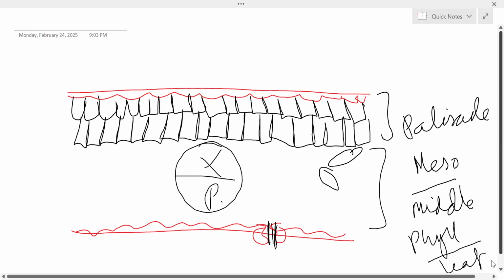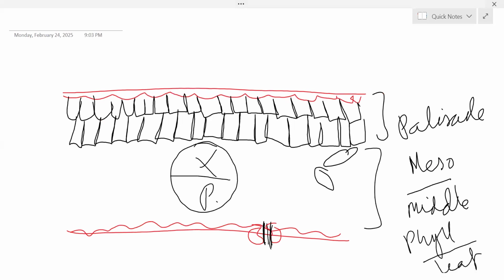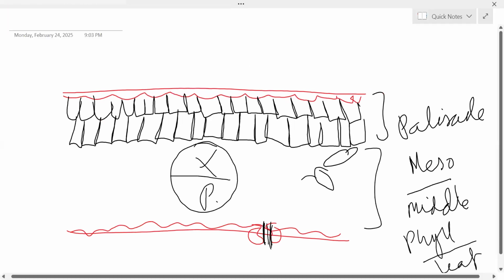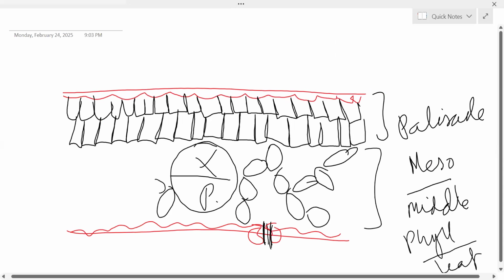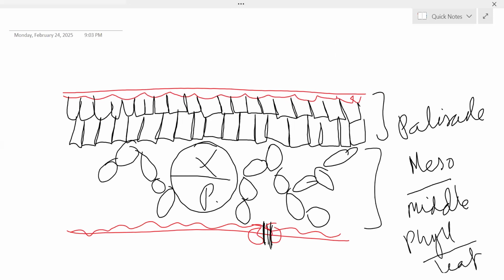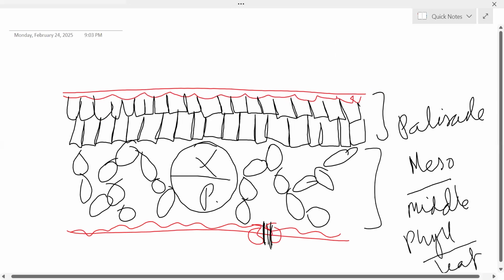So the upper or dorsal side has the compactly arranged cells which make the palisade mesophyll, and the lower side of the leaf has the loosely arranged cells which make the spongy mesophyll, like this. Spongy mesophyll has intercellular spaces in between the cells which help in the exchange of gases.